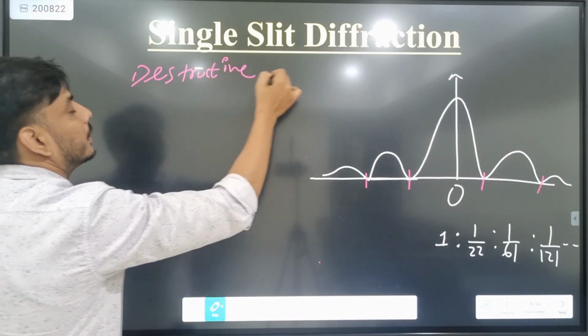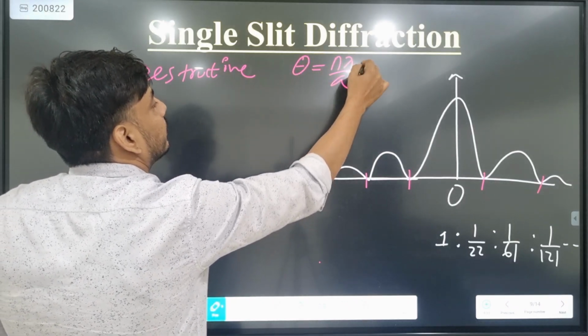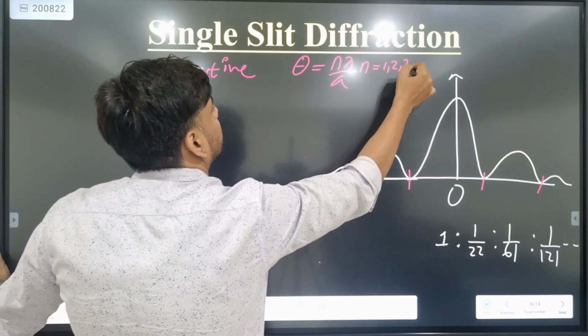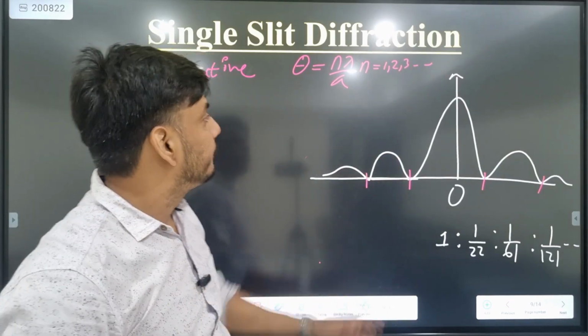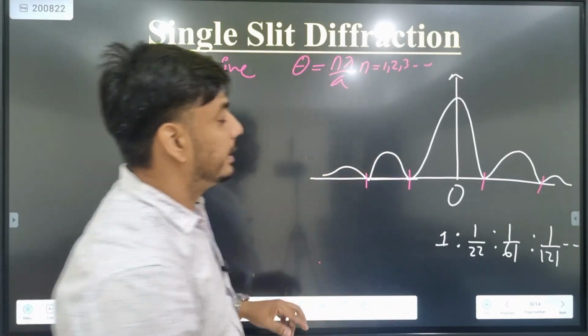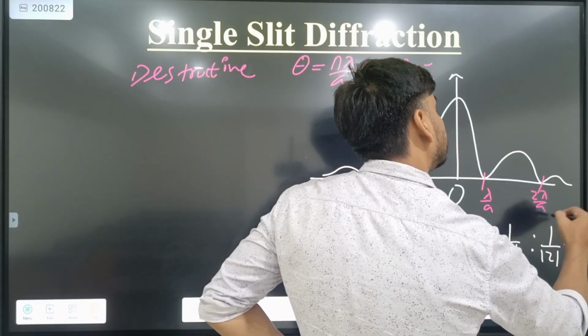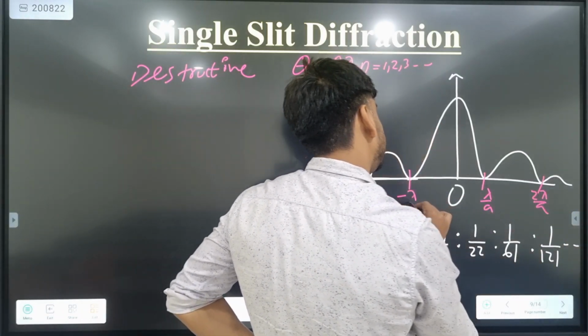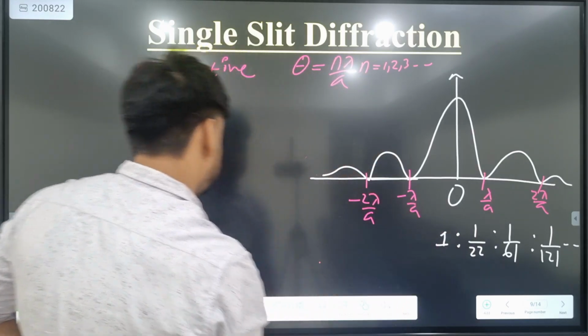For destructive interference, we get the condition theta equal to n lambda by a, where n equals 1, 2, 3 and so on. n is not 0; if n is 0, that is the central maxima. If you put n equal to 1, this is lambda by a, then 2 lambda by a and so on. Similarly on the other side, minus lambda by a, minus 2 lambda by a and so on.